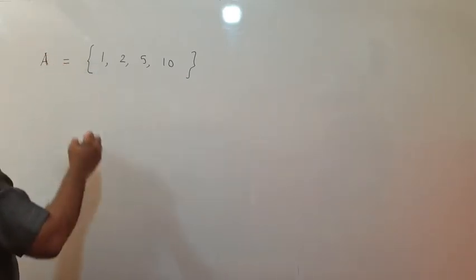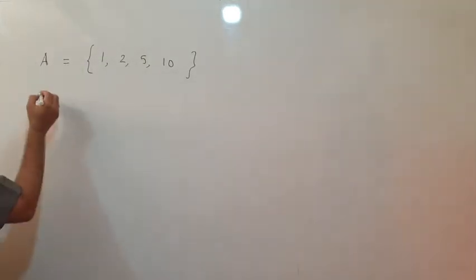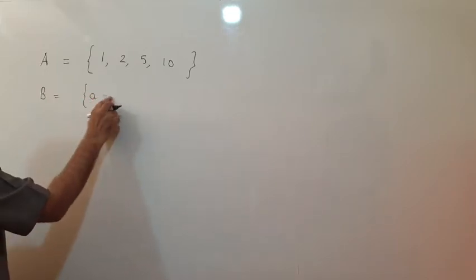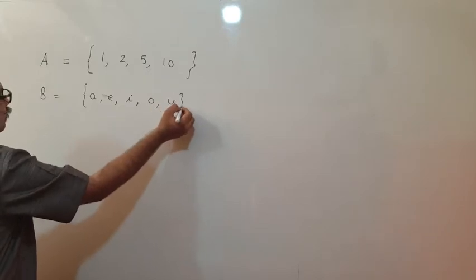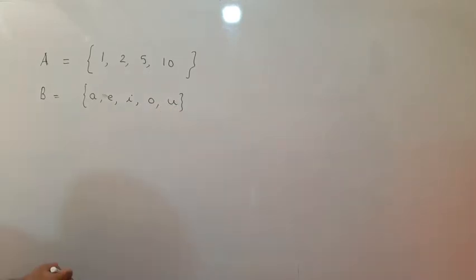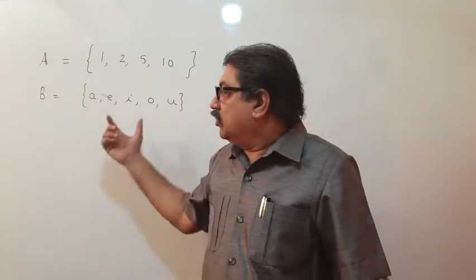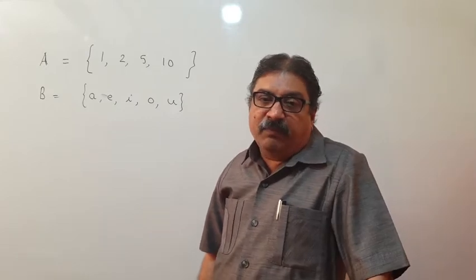So we write like this: A is equal to {1, 2, 5, 10}. Or if there is a set of vowels of the English alphabet, we can write like this: B is equal to {A, E, I, O, U}. Children, please understand that the order in which you are writing the elements does not show the importance of the elements.